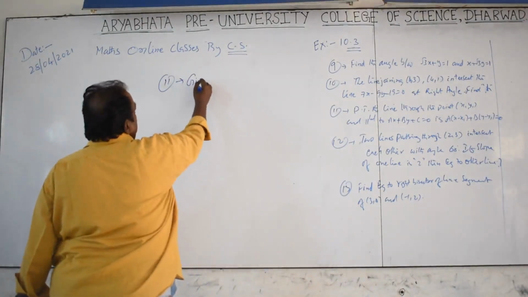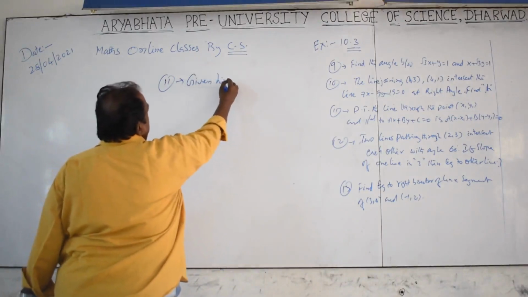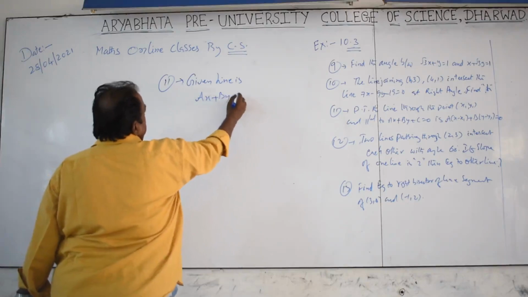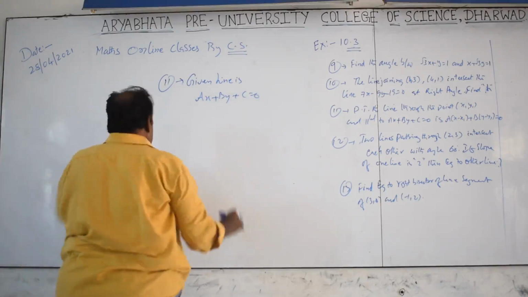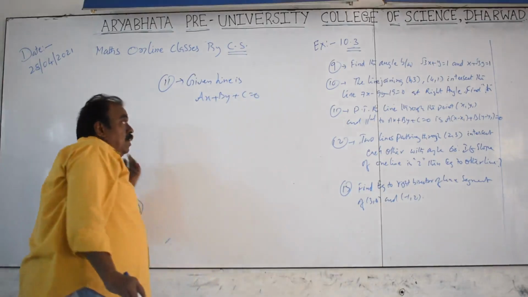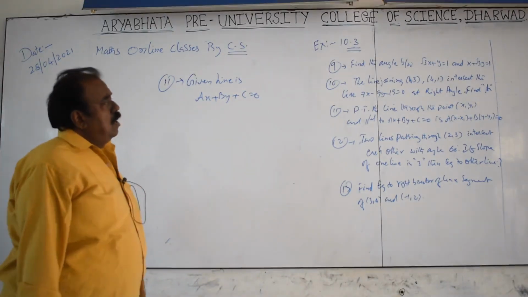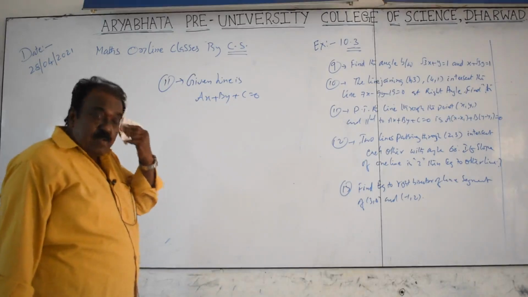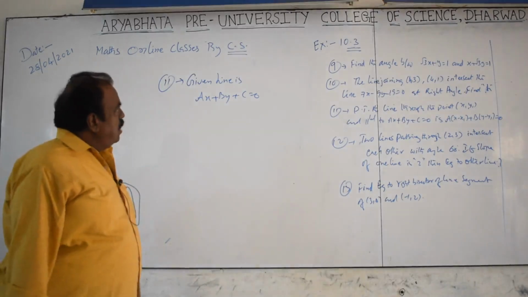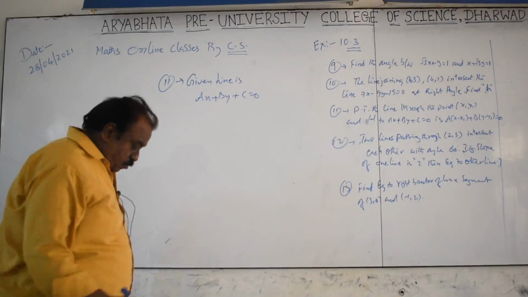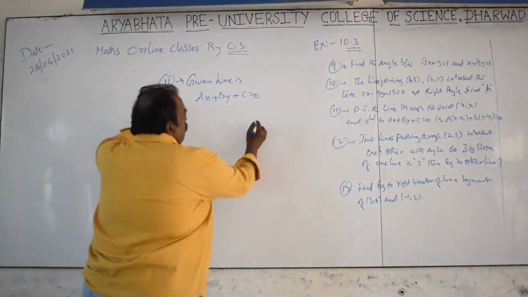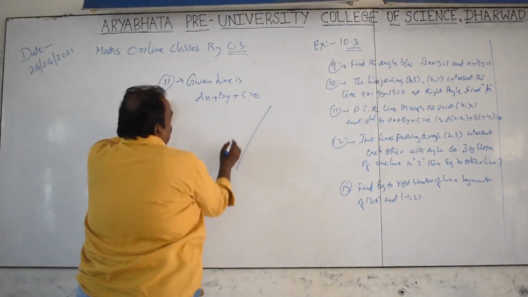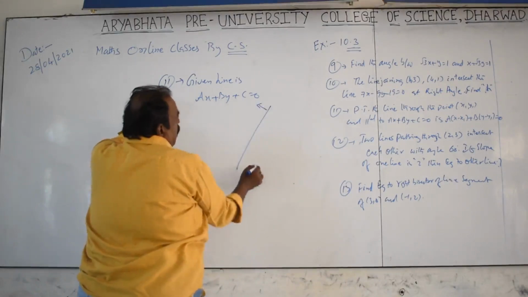The given line is ax plus by plus c equals 0. For this line, there is another line, the required line, that is parallel to the first line.